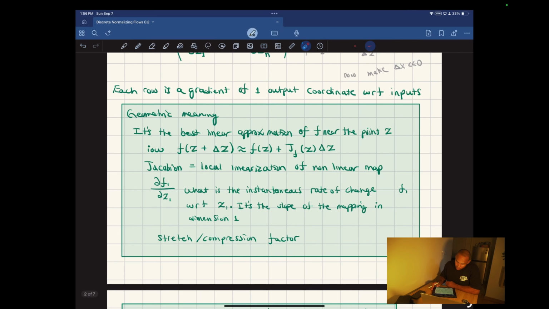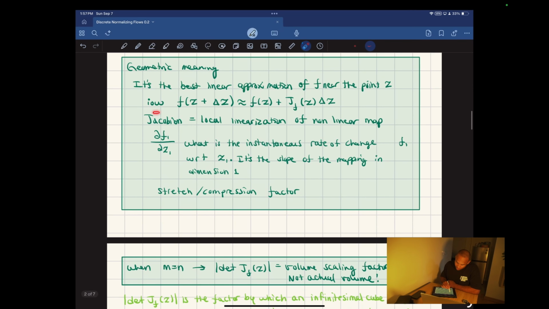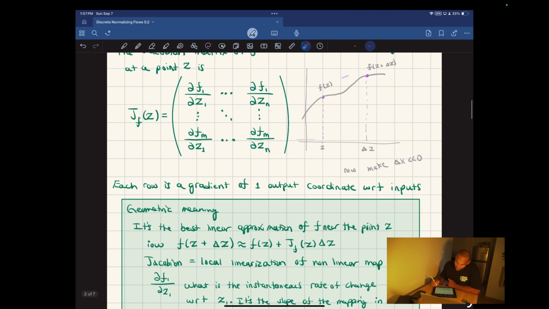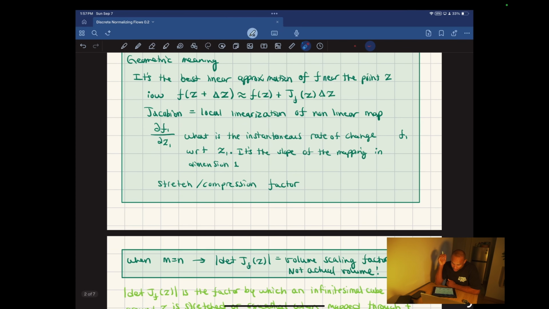What the geometric meaning is, right? The Jacobian is a local linearization of a nonlinear map. Around some small neighborhood of Z, we're creating a local linear approximation of the function f.